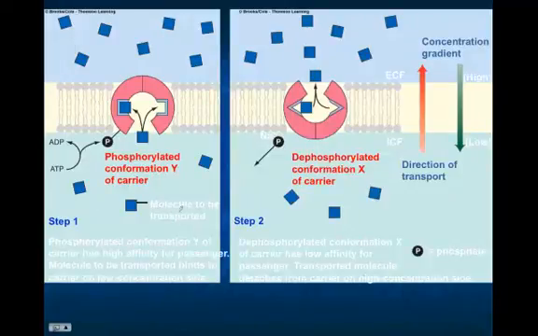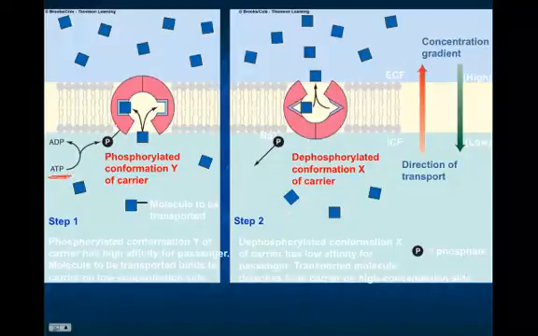This is showing you active transport, where you're pumping things across a concentration gradient from a low concentration to a high concentration, and it's going to require ATP.